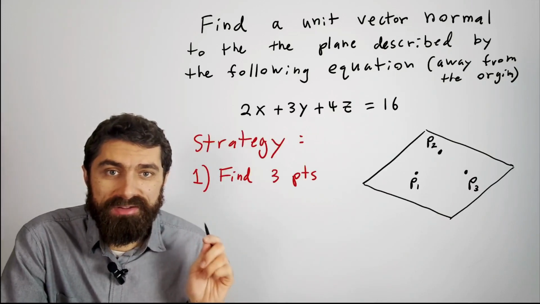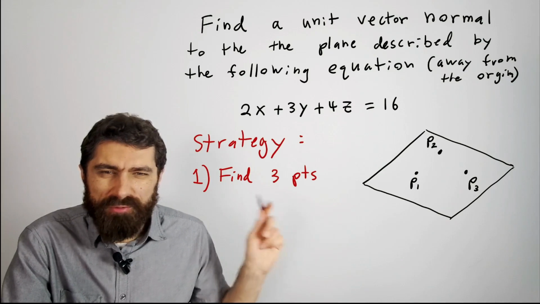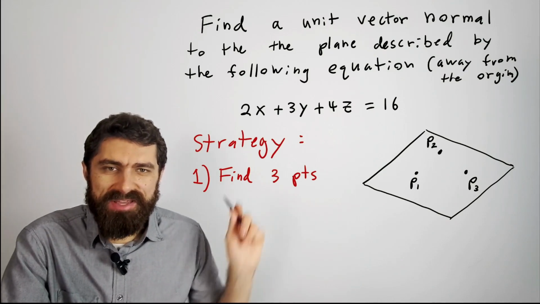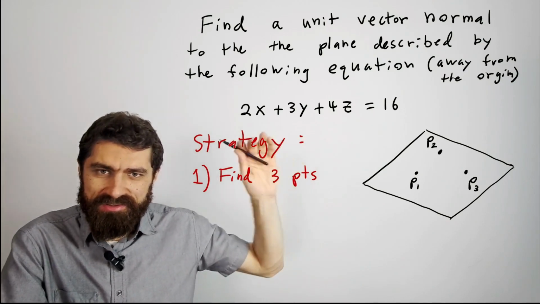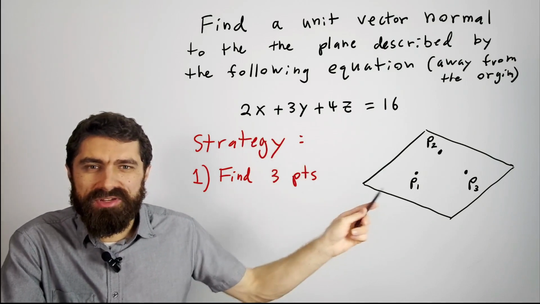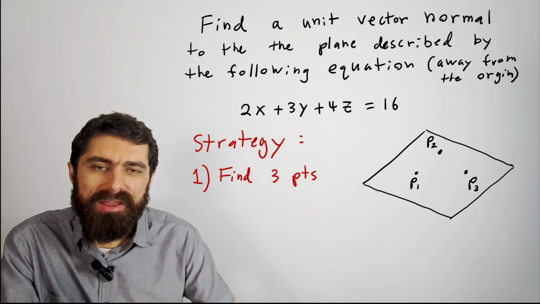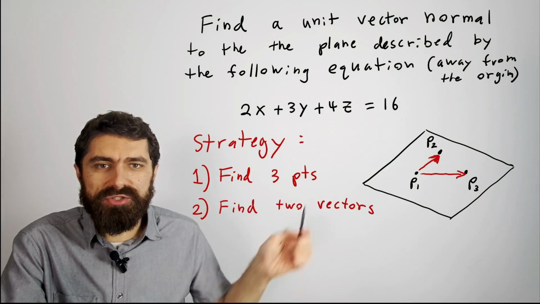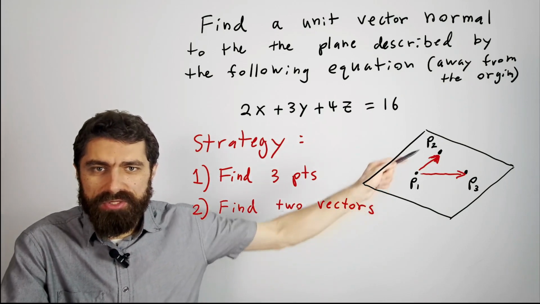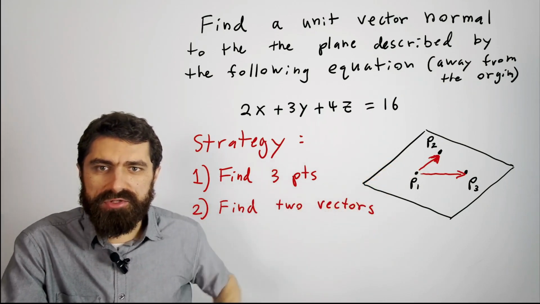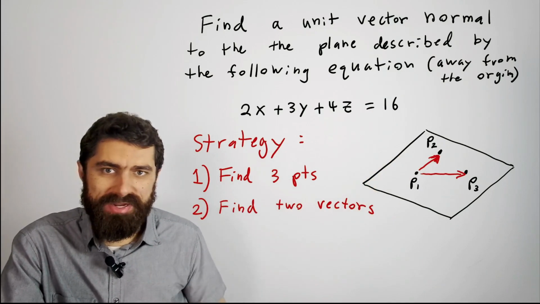Step number 1, we're going to find 3 points that satisfy this equation, or 3 points on the plane. Then what we can do is, based on that, compute 2 vectors that lie in that plane.